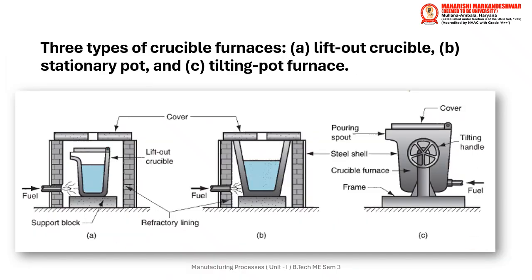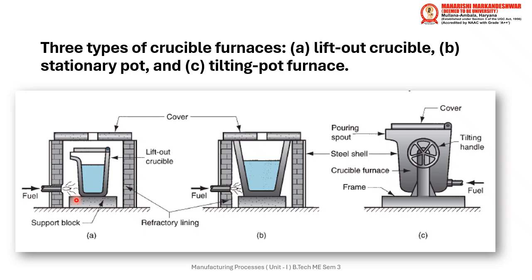Then there are three types of crucibles. One is lift out crucible, then stationary pot, and the tilting pot furnace. Now first is your crucible with a lift out crucible. So here what you can see is in the crucible what you do is you basically heat with the fuel, then the stationary pot, you can see how the stationary pot is there.